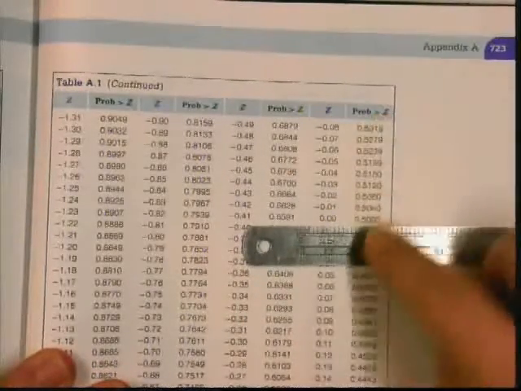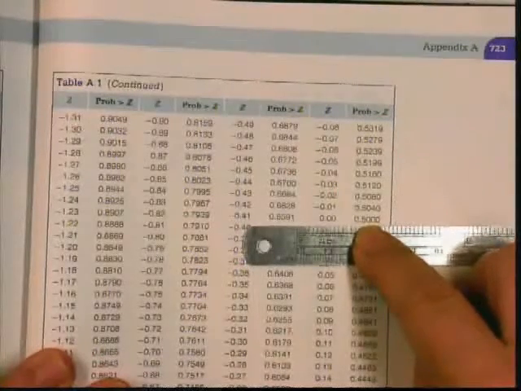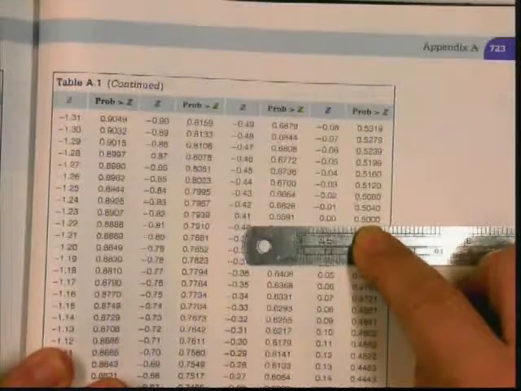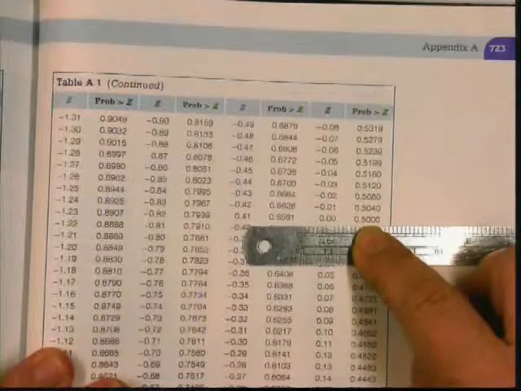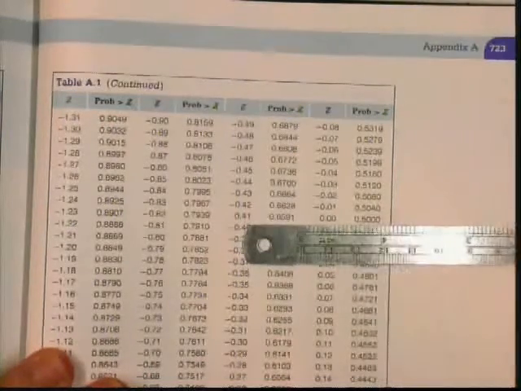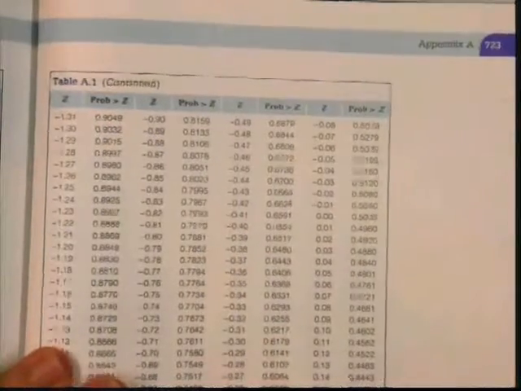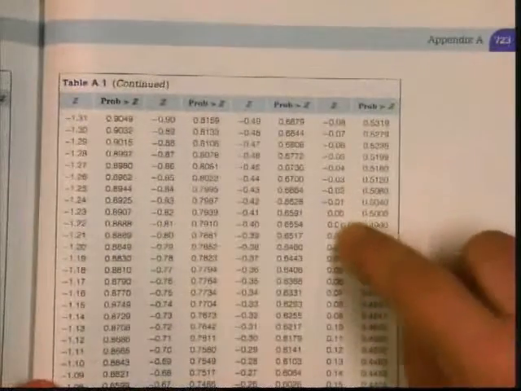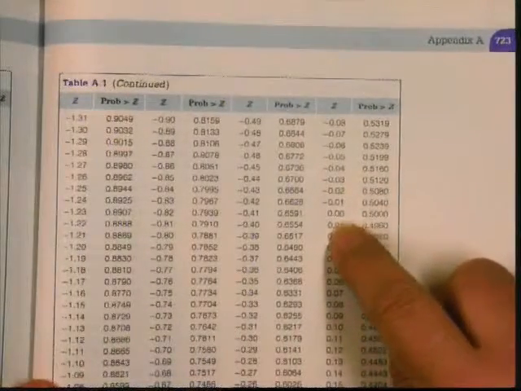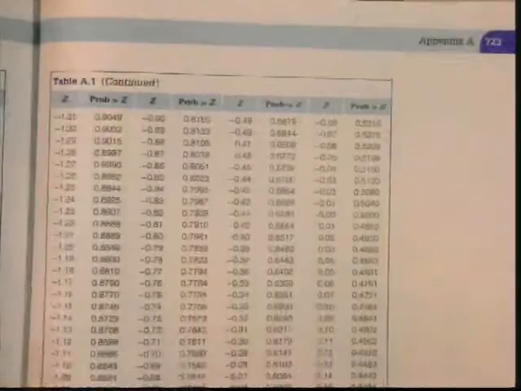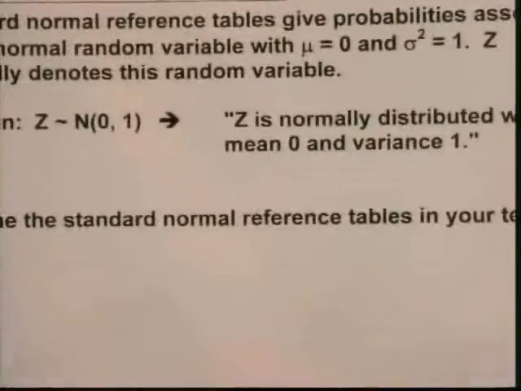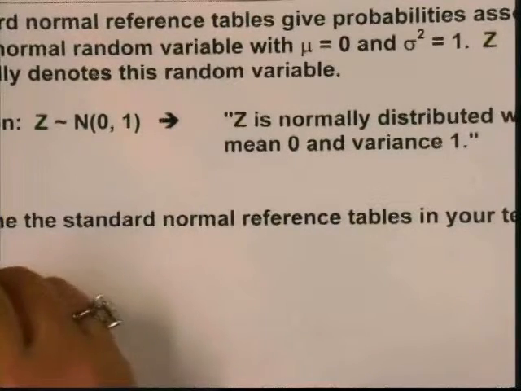The probability of being greater than 0 is 0.5. That one we already knew, just by the symmetry of the function, right? And so as we get values of z that are larger, this probability decreases.